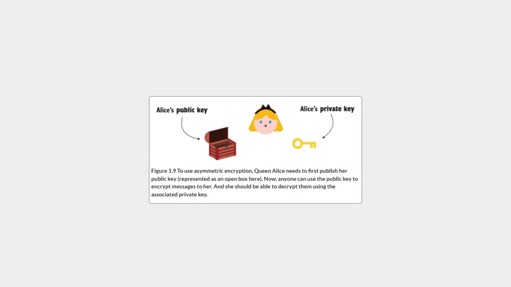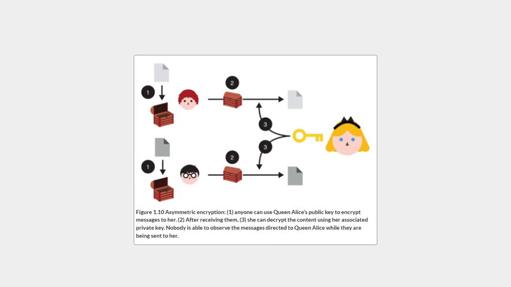Let's now use a simple analogy to explain how one can use asymmetric encryption. We start with our friend Queen Alice again, who holds a private key and its associated public key. Let's picture her public key as an open chest that she releases to the public for anyone to use. See Figure 1.9. Now, you and I and everyone who wants can encrypt a message to her using her public key.